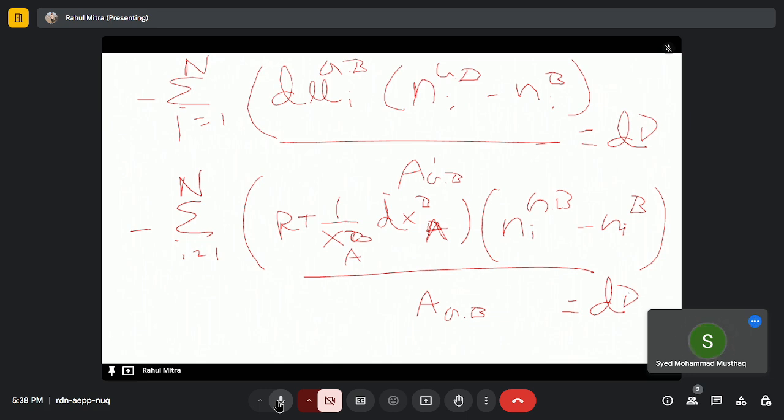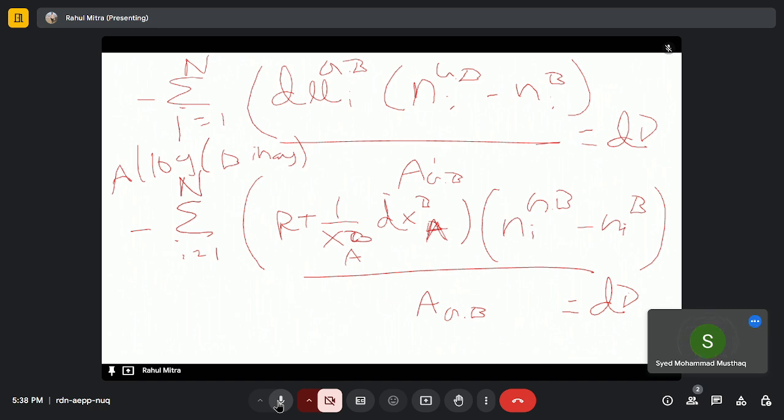And let's put some of these terms to constant, because if you are talking about a binary alloy, then i will be max 2.